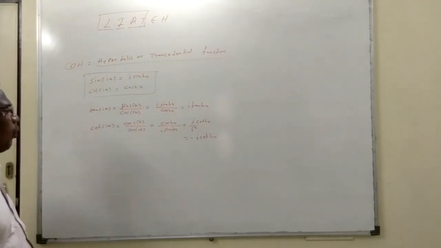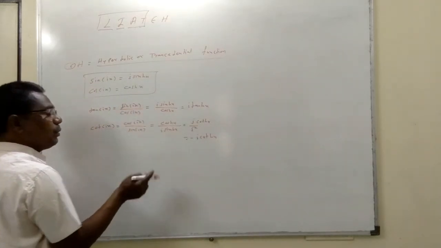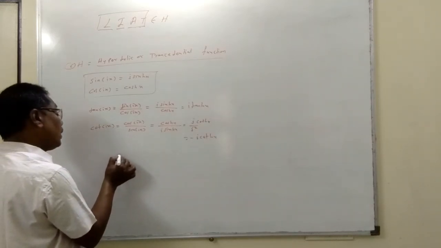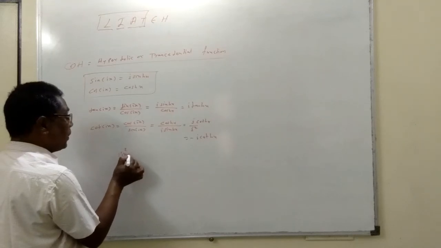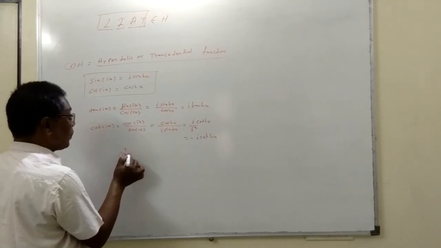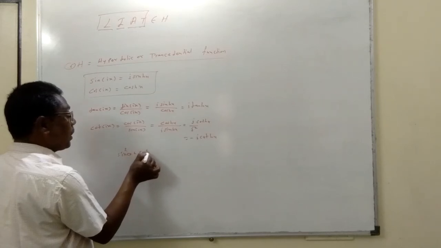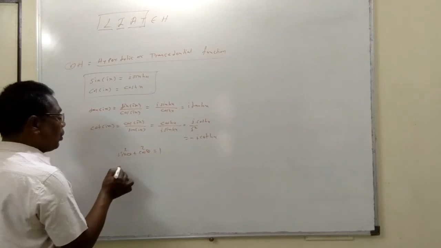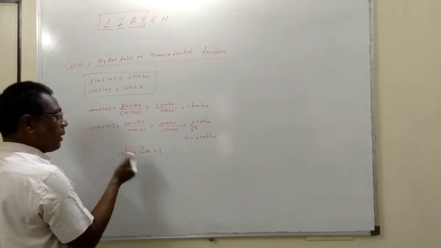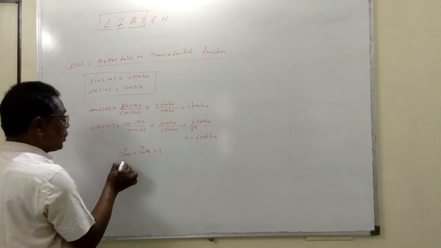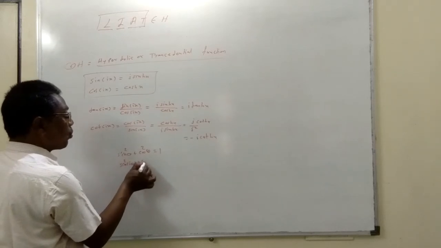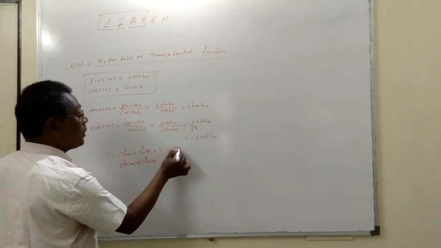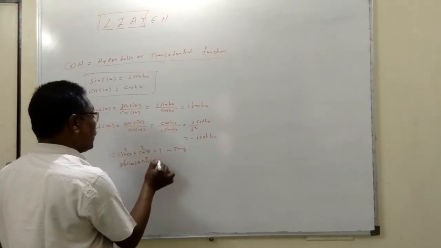Now the remaining formulae we want to obtain, we will very easily obtain from the trigonometric functions. Suppose in trigonometry we consider the identity sin square theta plus cos square theta is equal to 1. What is the identity in hyperbolic function? You put theta as the imaginary angle i theta. So sin square i theta plus cos square i theta, in trigonometry, is equal to 1.